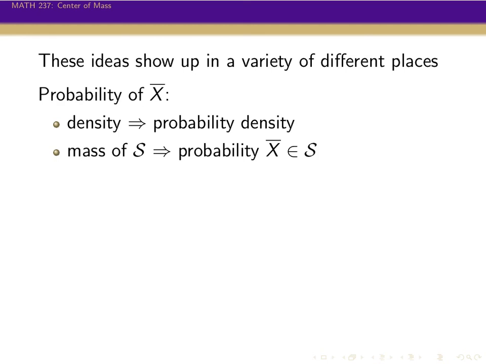And so if you have some S inside your total, what's called the probability space, S is some subset of the probability space, then the calculation that we did for the mass of S, the triple integral of the density of x bar, dV over S, what we did for mass, it turns out that this is what gives us probability.